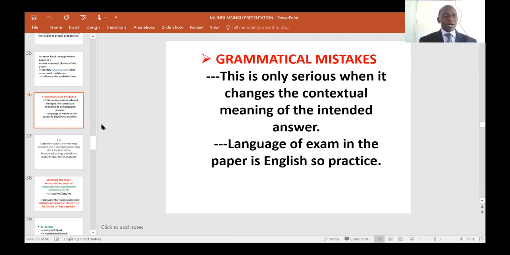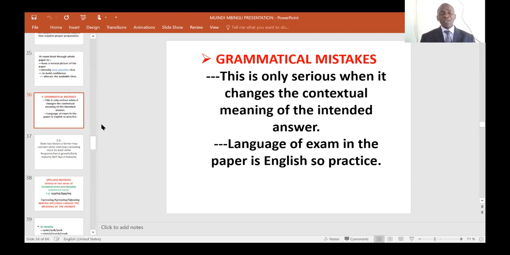So, another area where candidates lose marks is on grammatical mistakes. Now, where a candidate makes a grammatical mistake that changes the meaning of the intended answer, then the candidate misses the marks.